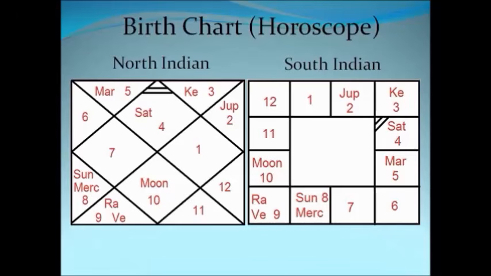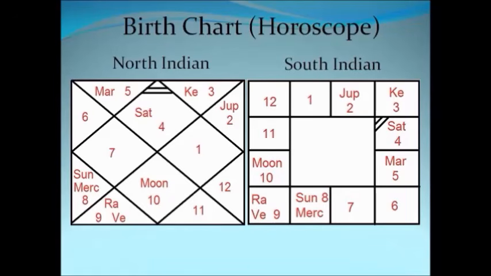In South Indian format, to prepare a horoscope, a square is drawn. It is divided into 12 parts as shown in the diagram. Each part is called a house. These houses, along with rashis, planets and stars placed in them, help in making predictions.